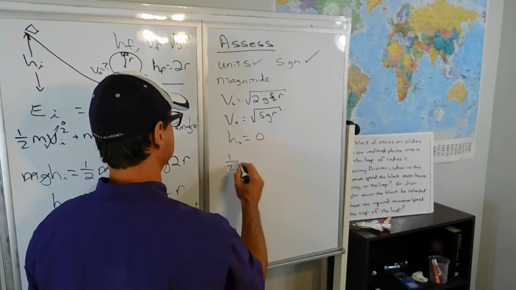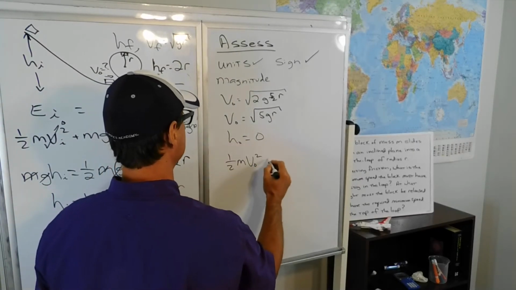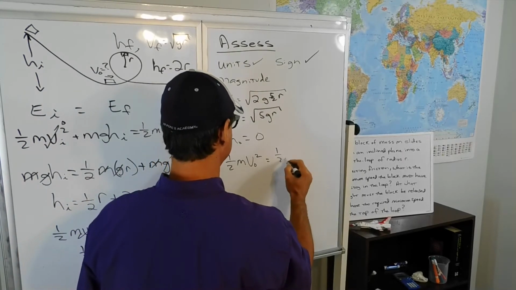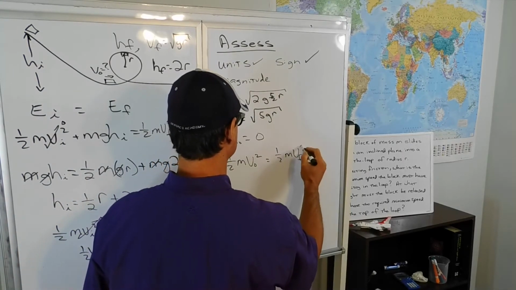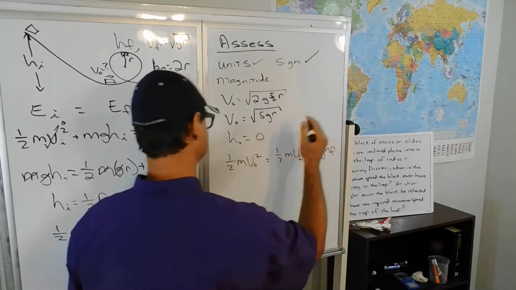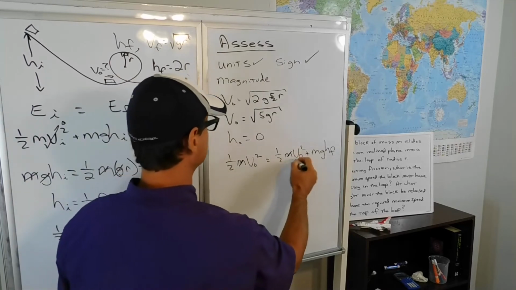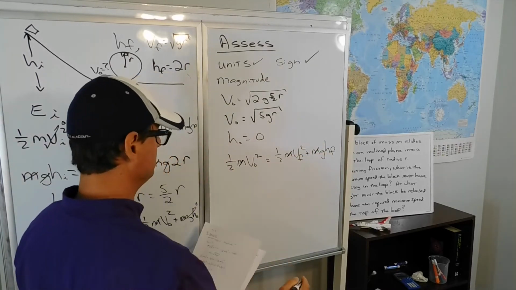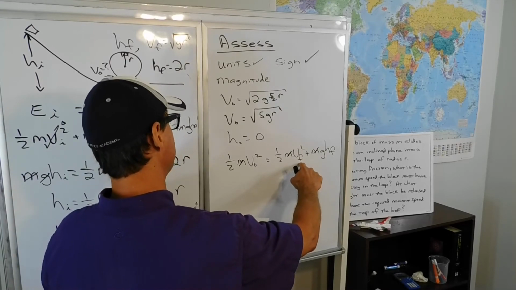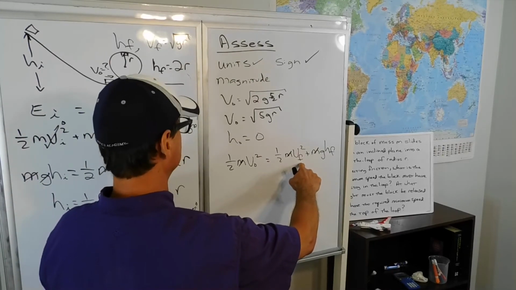So 1/2 m V naught squared is equal to 1/2 m V final squared plus mg H final. The masses happily cancel out, as we expected they would. The question really is, we know everything else, what's V final going to be?